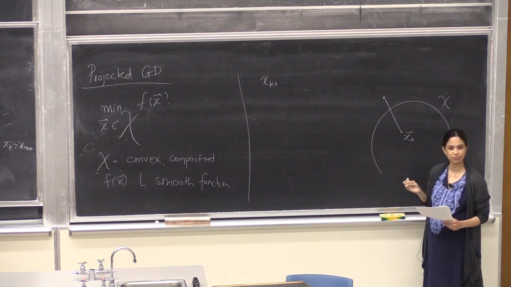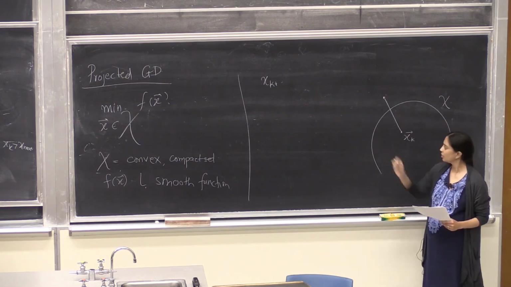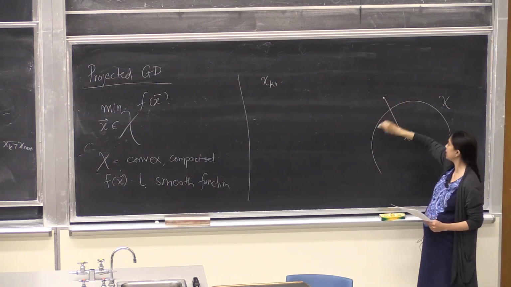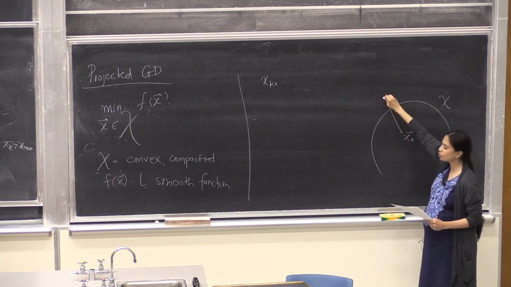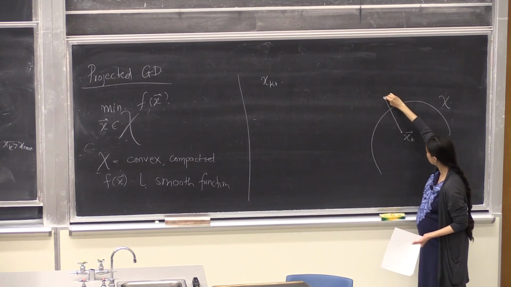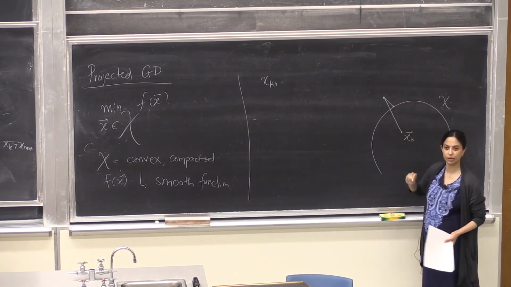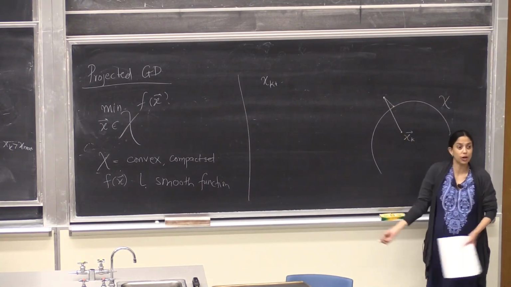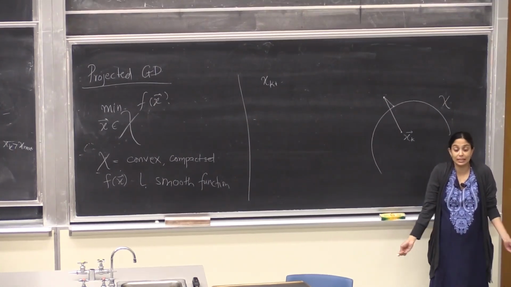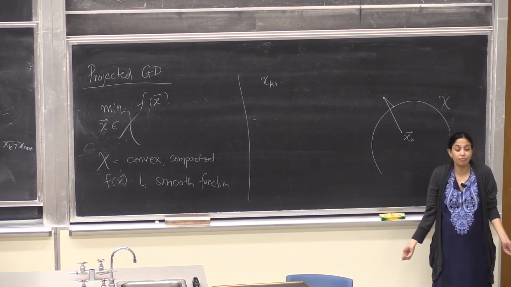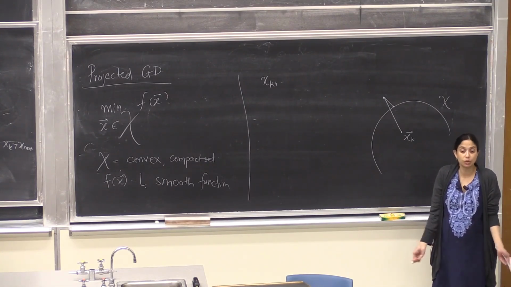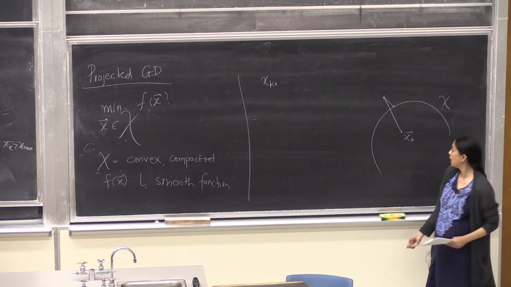What would you want to do? Don't go all the way to that point, right? Just find the point inside X that's closest to where you would have wanted to go. So instead of going here, choose this point, the closest point in X to where you would have wanted to go. That's the idea. That's it. It's the obvious, natural, good idea. This is what projected gradient descent is.